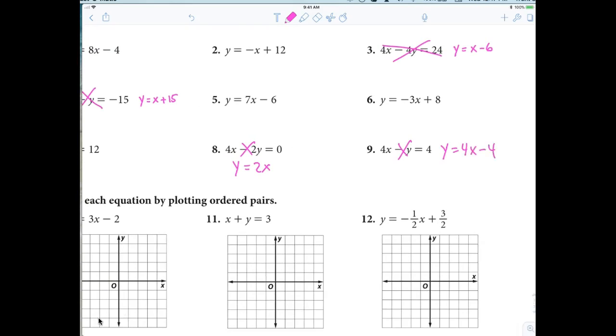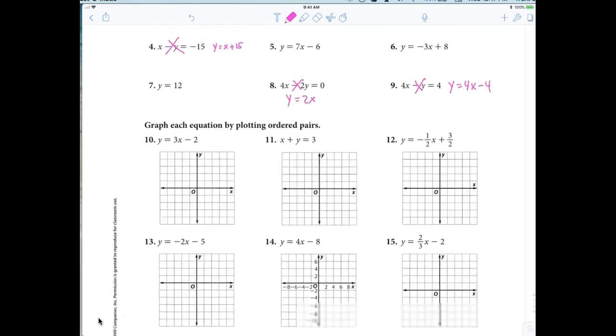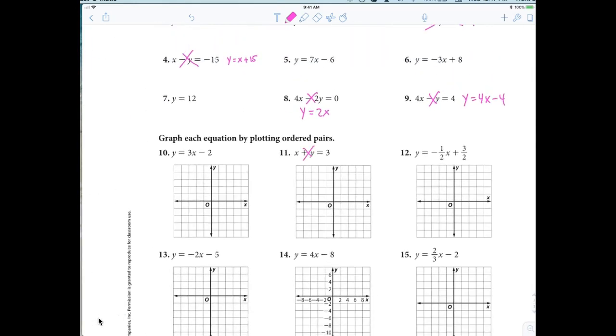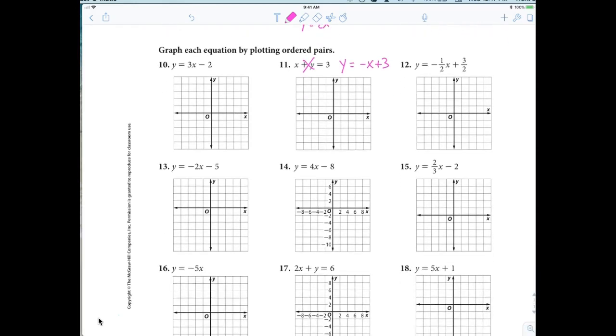Number 11, y equals negative x plus 3. And number 17, y equals negative 2x plus 6. Boys, y'all better be ready tomorrow now.